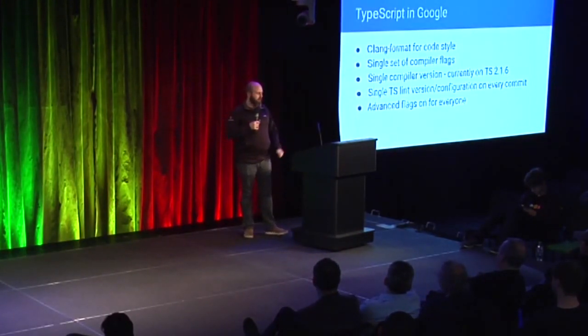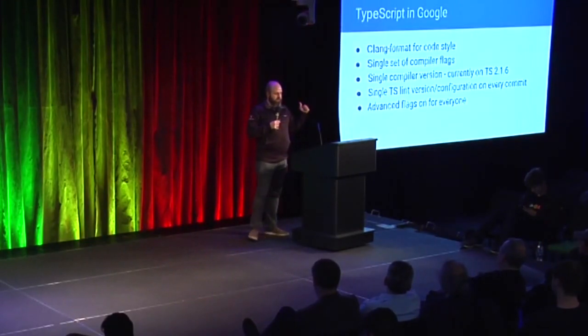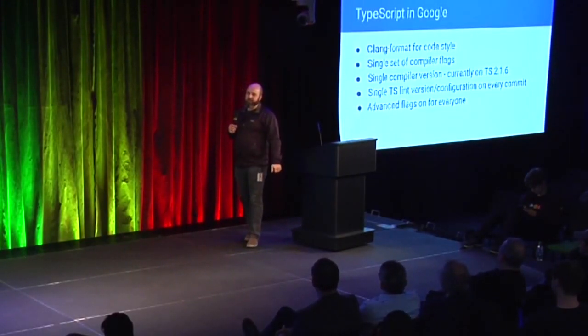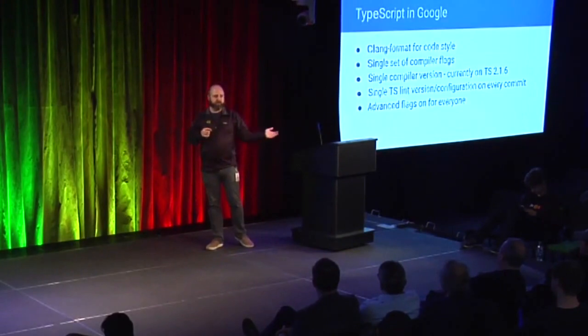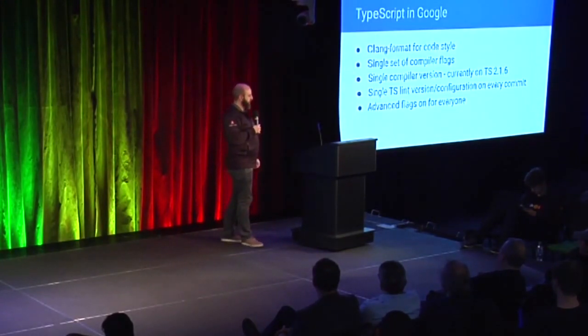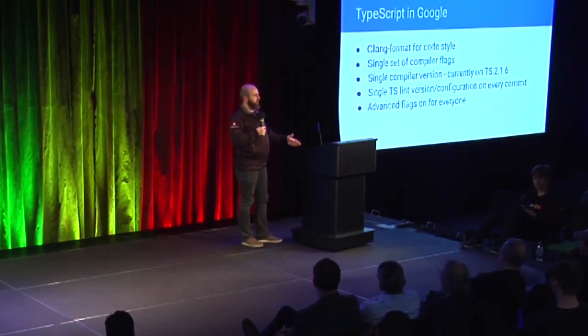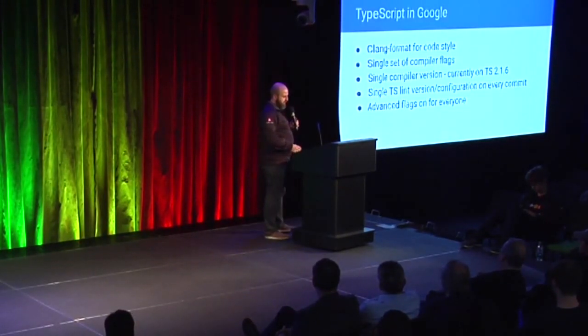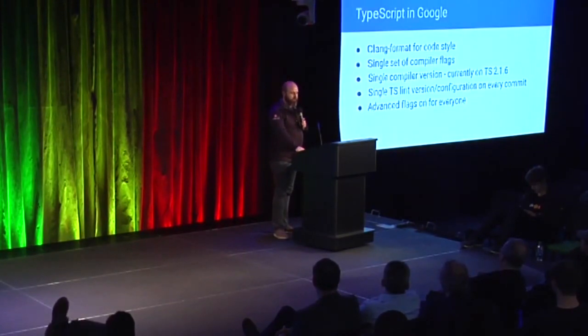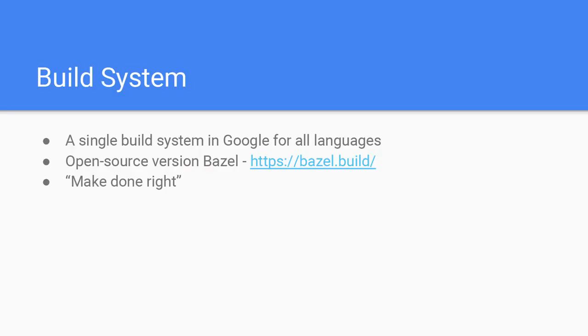Whatever's on, it's on for everybody. Single compiler version, TypeScript 2.1.6 right now. We upgraded for everybody in a single pass. It takes some time, but the whole company is at one version of TypeScript. It's very beneficial. And a single configuration for TSLint. We use TSLint on every commit too.